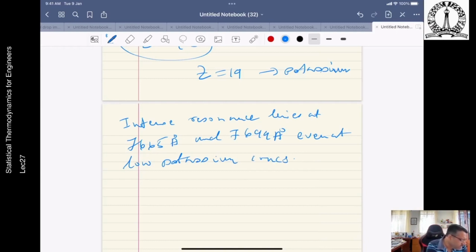Now let us look at what is meant by effective degeneracy. We already know that g_el is equal to g_J is equal to 2J plus 1.